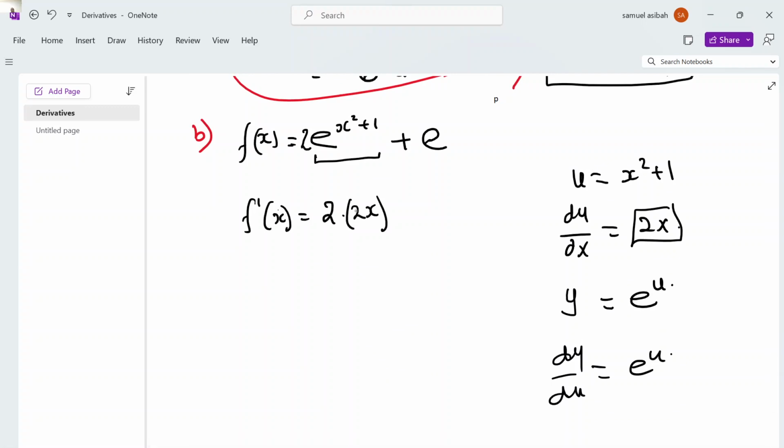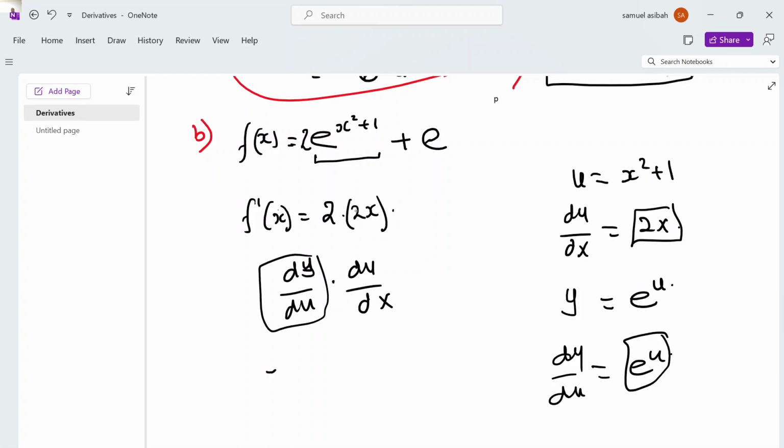Then you multiply by du over dx, so dy over du times du over dx is e raised to u multiplied by du over dx, which is 2x. But remember we had a constant here, which is 2. And when you differentiate e, which is a constant, you get 0.